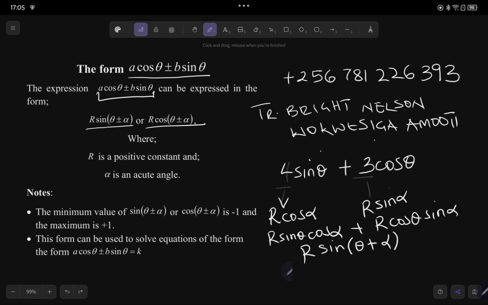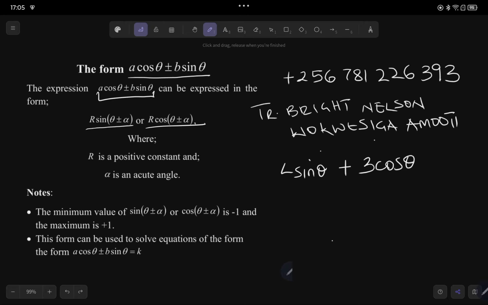The other case scenario is if we want to make it in terms of cos. Now, for cos, this one should be a sine here also, sine alpha. But since we have a 4, we look for a constant which, when we multiply it by sine alpha, gives us a 4. Here we look for r cos alpha to give us a 3.